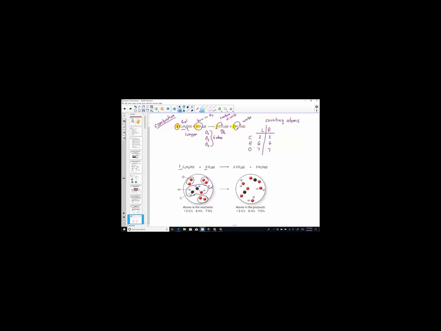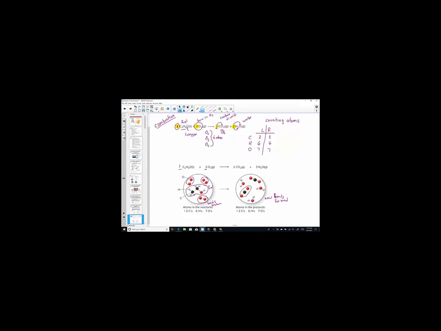For every 1 molecule of the fuel, 3 molecules of oxygen were required. Now notice, bonds broke on the reactant side, and new bonds formed, creating new compounds. So the very definition of bonds breaking and new bonds forming is a chemical change.